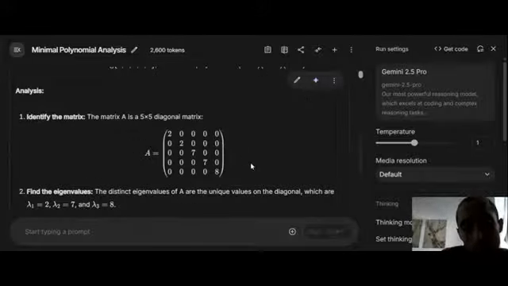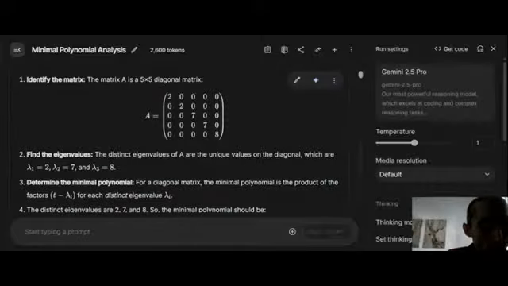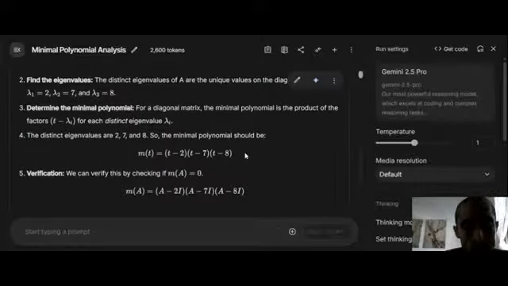The eigenvalues of a diagonal matrix are on the diagonal, so they are 2, 7, and 8. So the minimal polynomial must contain t minus 2, t minus 7, and t minus 8. It cannot be repeated, so the minimal polynomial must be t minus 2, t minus 7, and t minus 8 without any power on any term. This is not the characteristic polynomial.